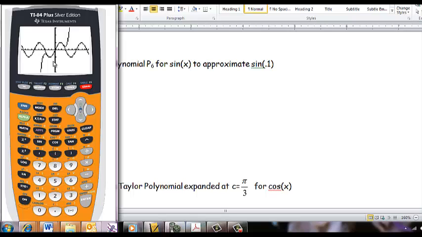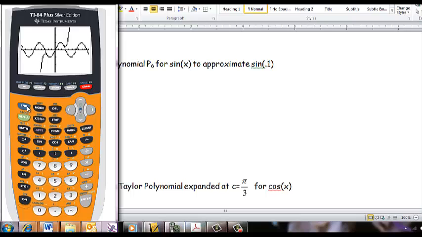So one of the things that happens as you get a higher degree Taylor polynomial, you start matching more and more of these bends as you go along. So anywhere around where we're centered, and this one's centered at 0, we're going to be very accurate. Actually, at sine of 0, we have the actual function value, and it's not approximate, it actually is sine of 0. So that's what it looks like visually, and that's how you find the actual value.